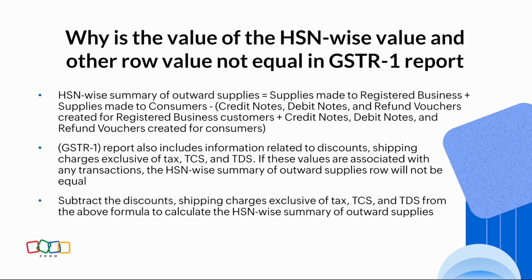As you all know, the GSTR 1 report also includes the information related to discounts, shipping charges exclusive of tax, TCS and TDS. So, if these values are associated with any one of the transactions, the HSN-wise summary of outward supplies row will not be equal. In this situation, you would have to subtract the discounts, shipping charges exclusive of tax, TCS and TDS from the above formula to calculate the HSN-wise summary of outward supplies.